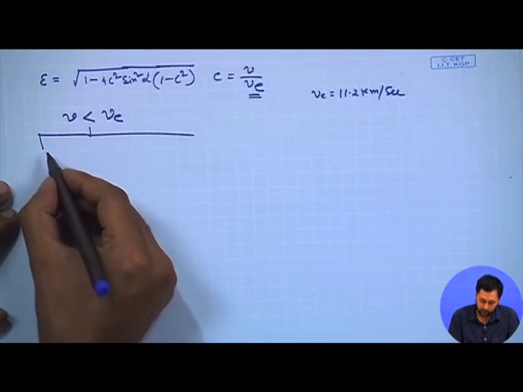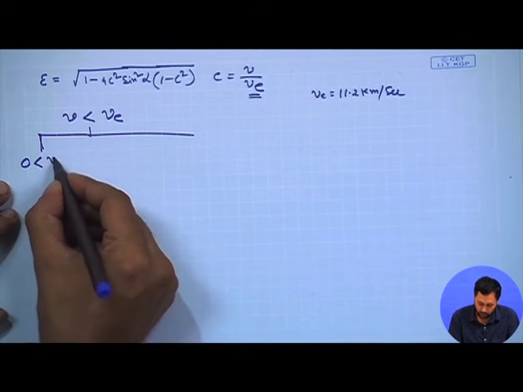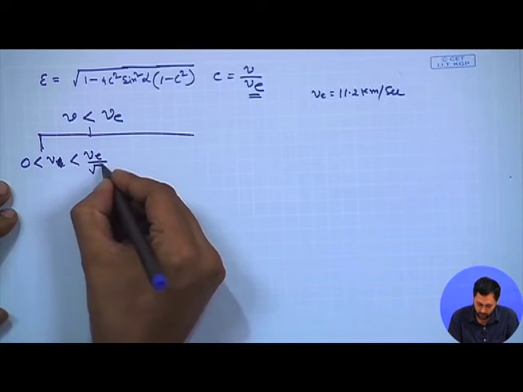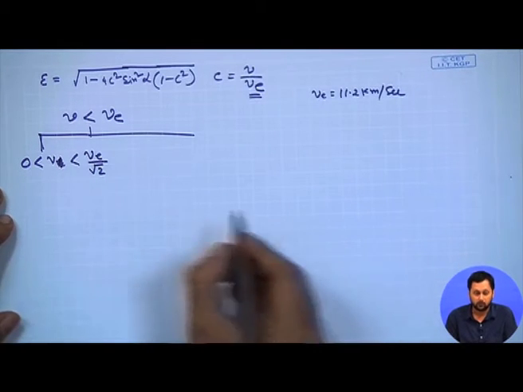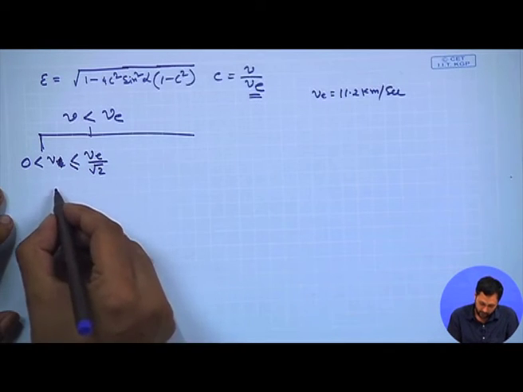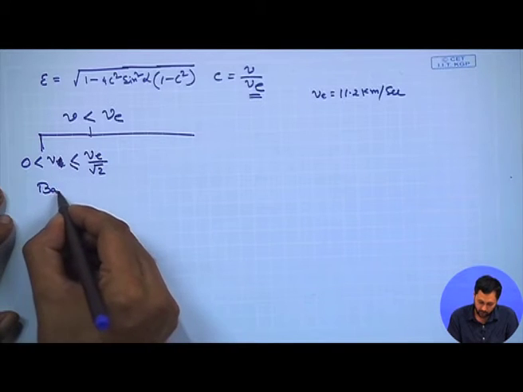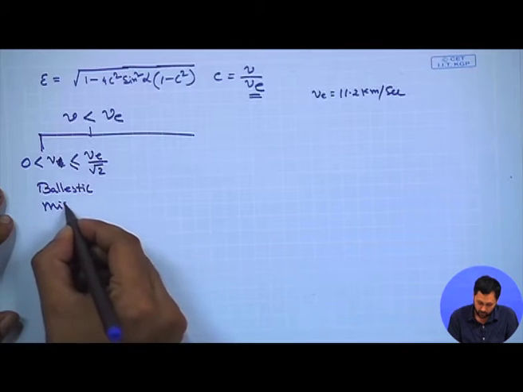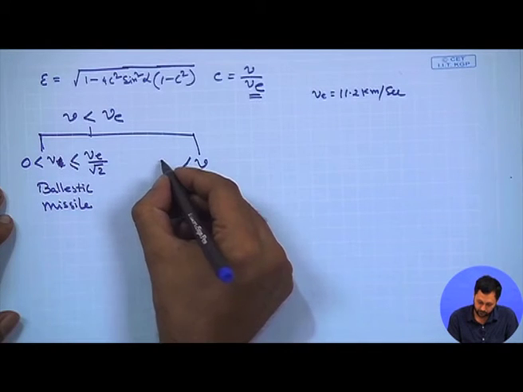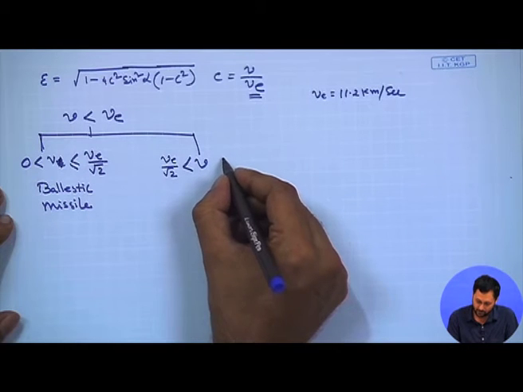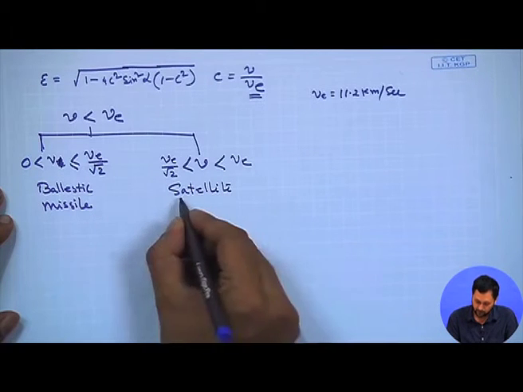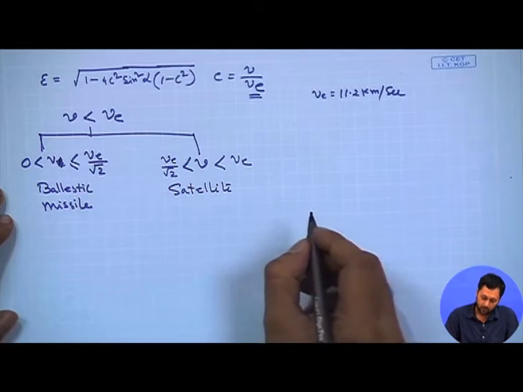If the velocity stays at v less than or equal to ve by root 2, then we have a closed orbit which is called a ballistic missile, whereas for velocities ranging between ve by root 2 and ve, we have a satellite which is orbiting around Earth.